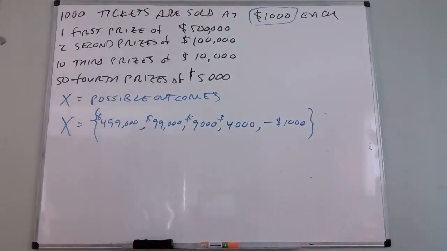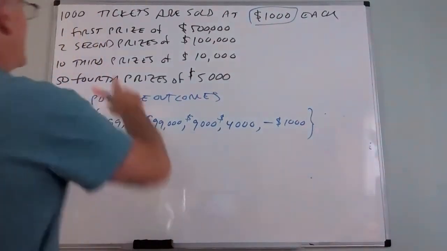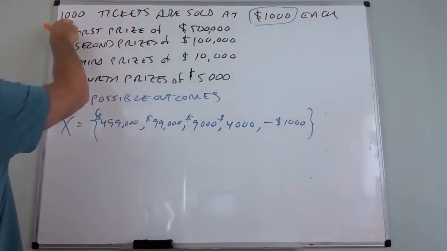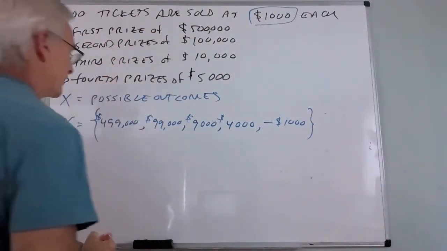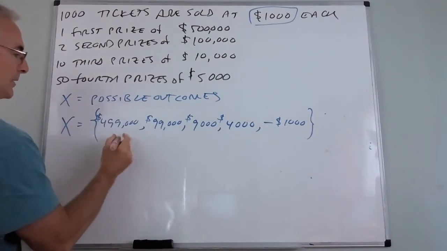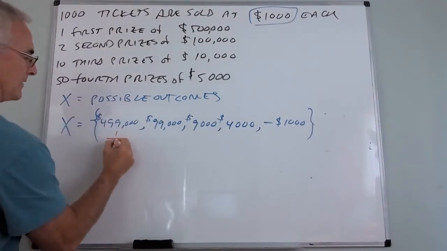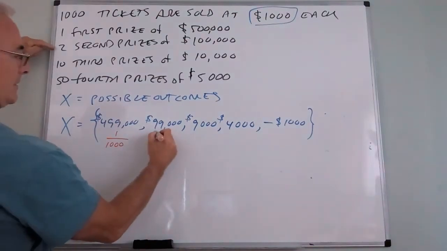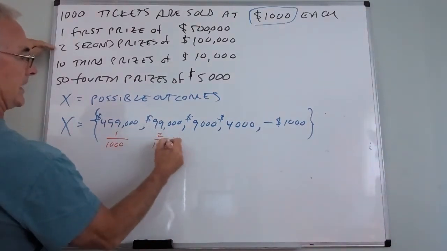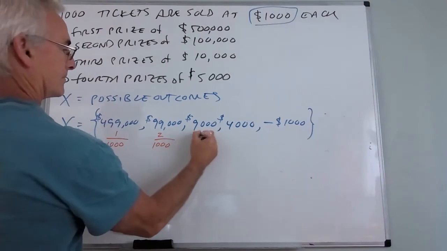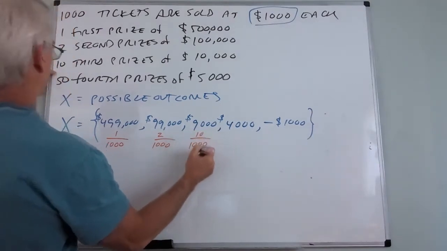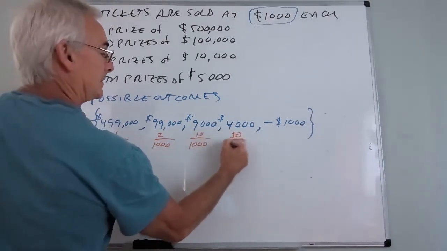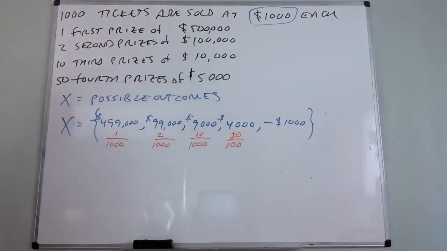Now, what are the probabilities of each of these outcomes? 1,000 tickets are sold. There is one first prize. So what's the probability? 1 out of 1,000. How about the next one? 2. And the next one? 10. And the next one? 50. What's the last one?